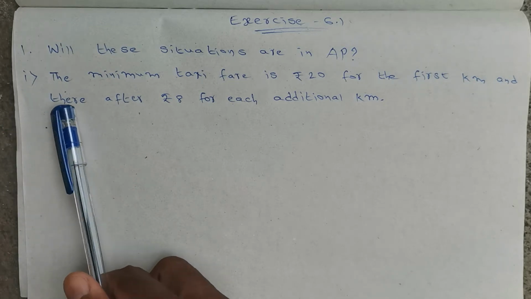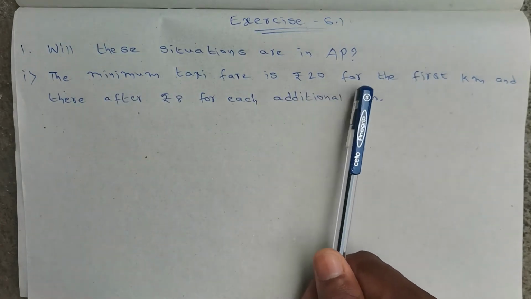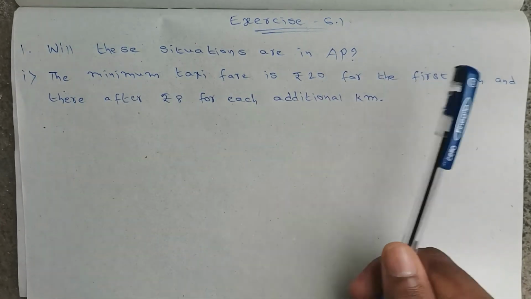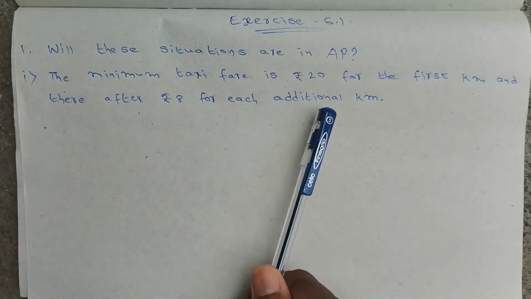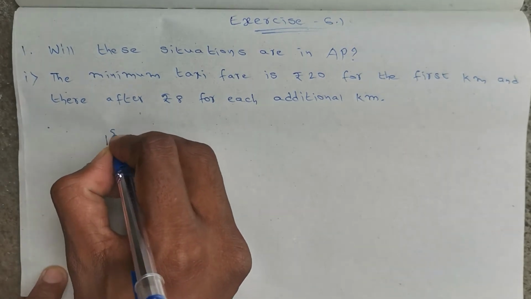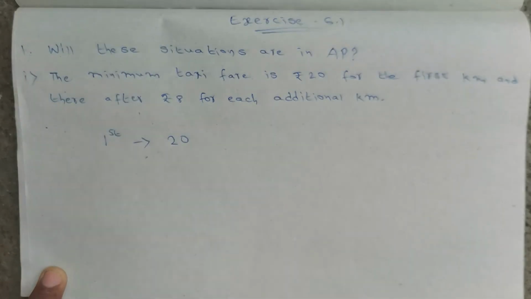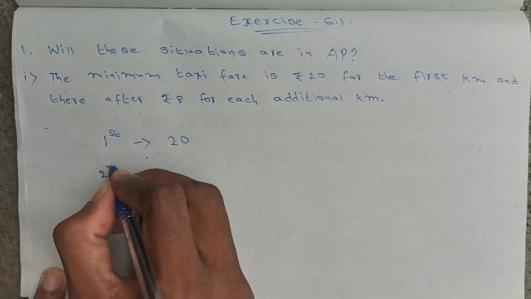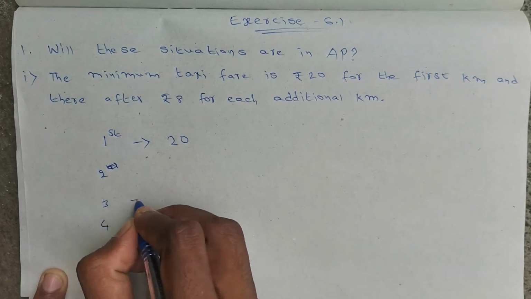The first question is, the minimum taxi fare is 20 rupees for the first kilometer and thereafter 8 rupees for each additional kilometer. For example, if he traveled the first kilometer, he needs to pay 20 rupees. Then he traveled 2 kilometers and 3 kilometers, 4 kilometers and so on.